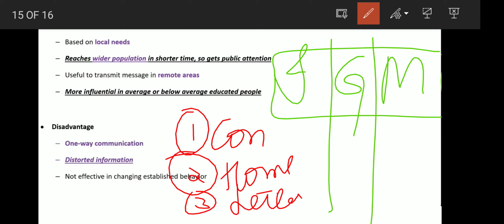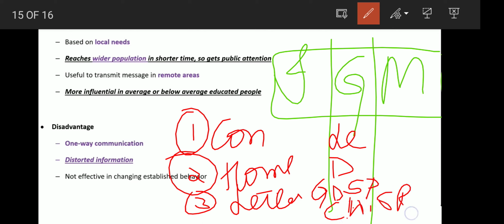In the group approach, there were lectures, demonstrations, group discussions, symposium, panel discussion, conference, workshop, seminar, role play.